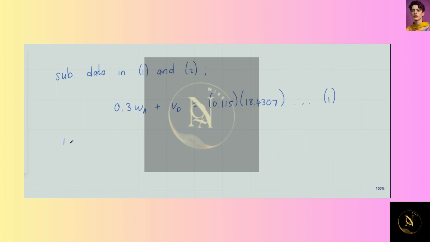Equation 2 becomes 1.35 omega A minus 0.3 plus 0.115, the sum of the radii, times the mass of D, times VD, 5 times VD, and this is equal to minus 0.0330625 times 46.077 minus 18.4307.